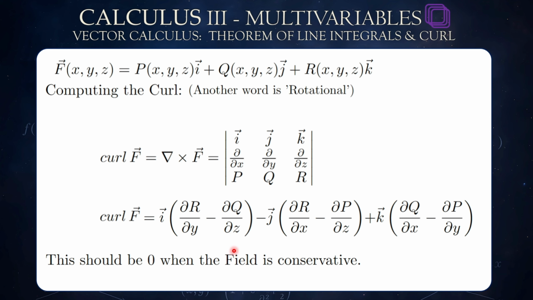This should be 0 when the field is conservative because there would be no rotation in this vector field.